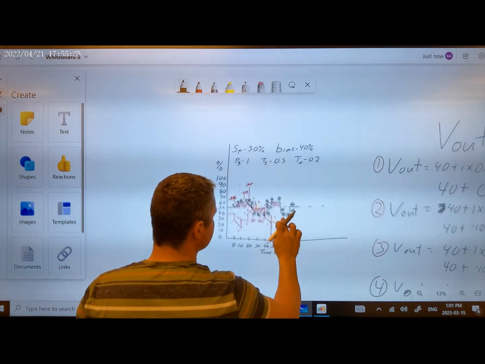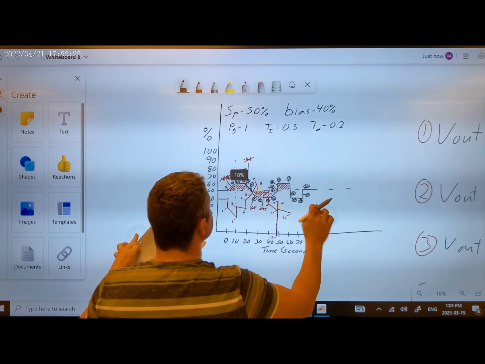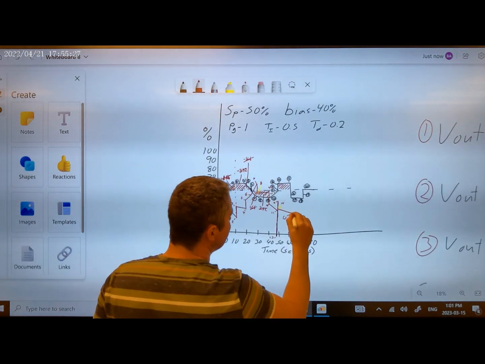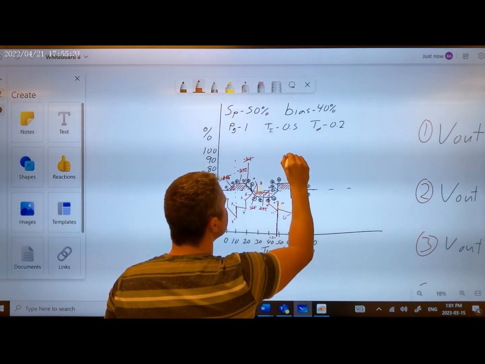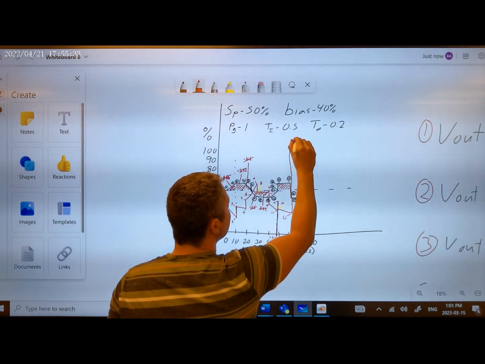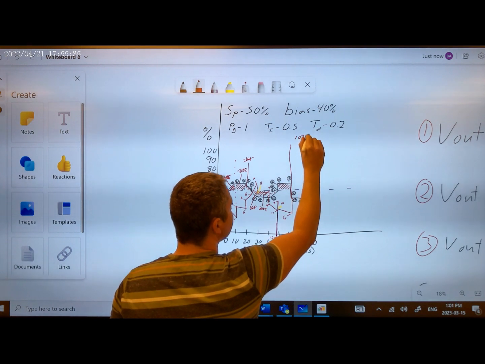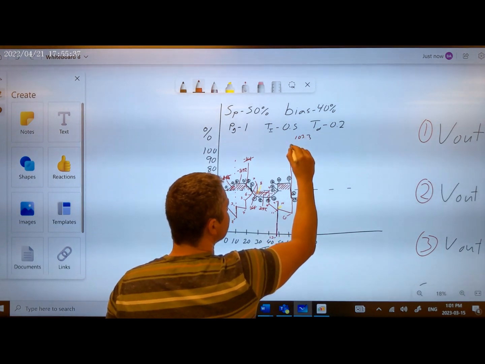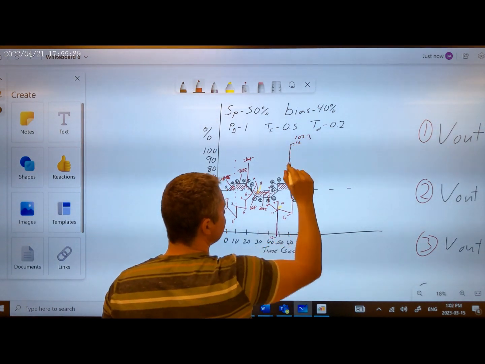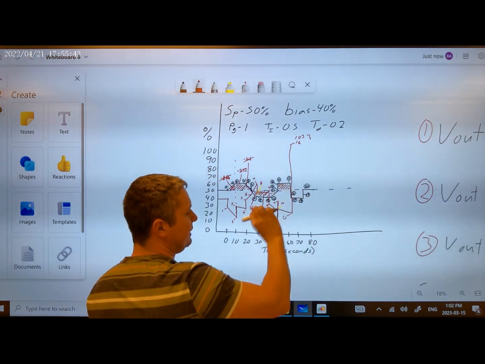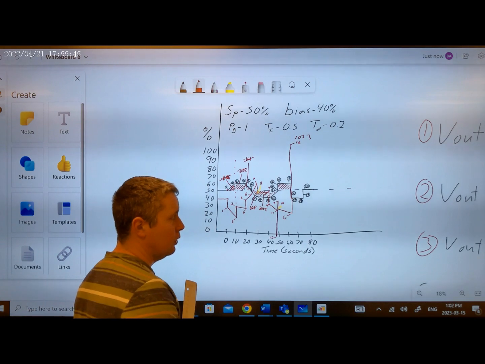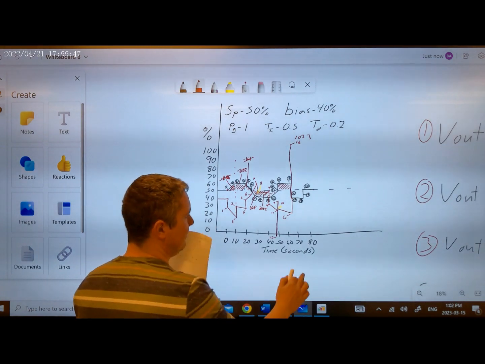So now at point 16, you're going to see that we spike all the way up to 103.3, and that is point 16. Well, now at point 17, we hit the plateau where there is no ramp rate anymore.